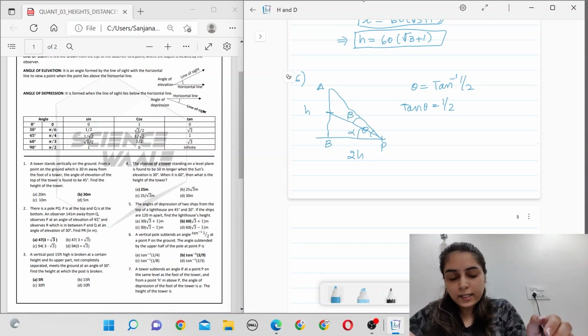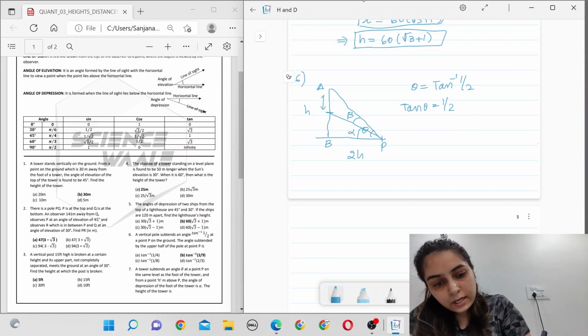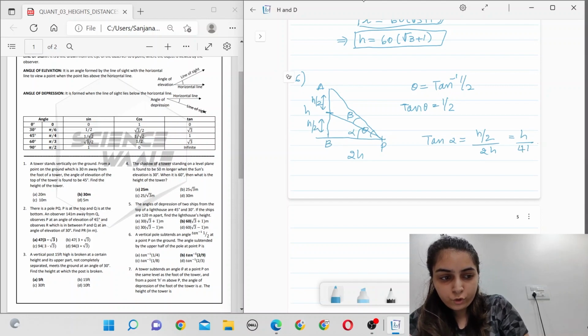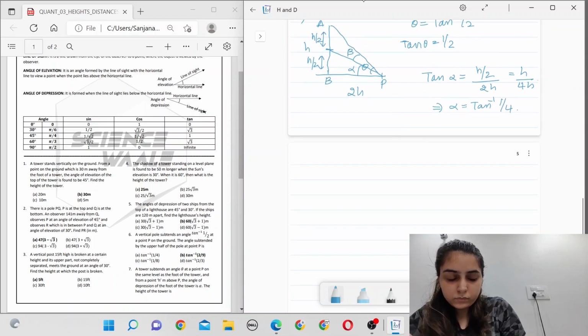Since it is broken at the center of the pole, this will be h by 2 and this will also be h by 2. So tan alpha is equal to h by 2 by 2h, which means h by 4h. So that implies alpha is equal to tan inverse 1 by 4.